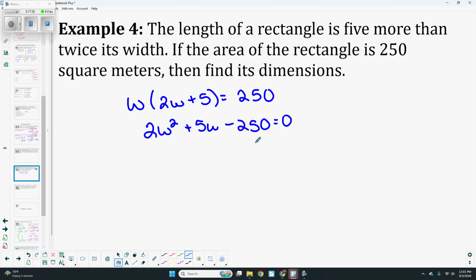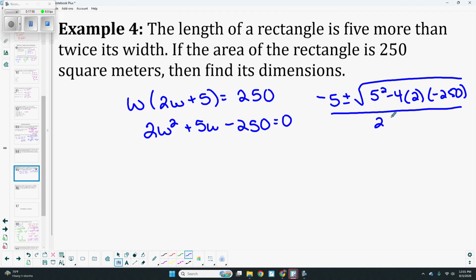There is no GCF available for this one, so we're just going to have to use negative b plus or minus the square root of b squared minus 4ac, all over 2a.